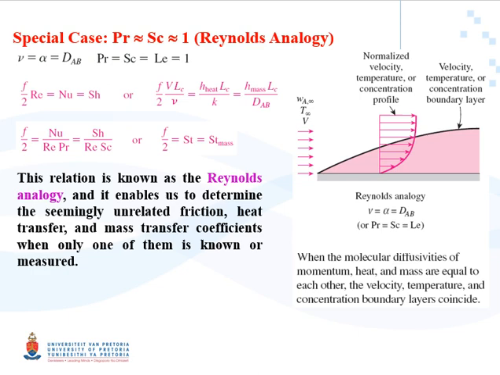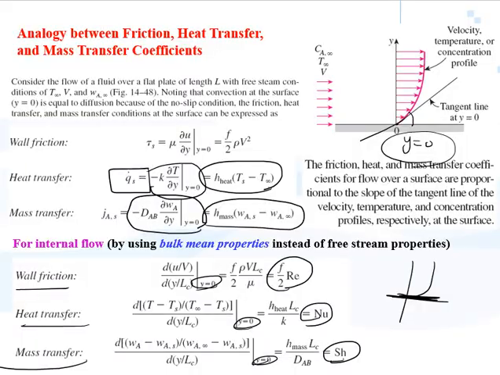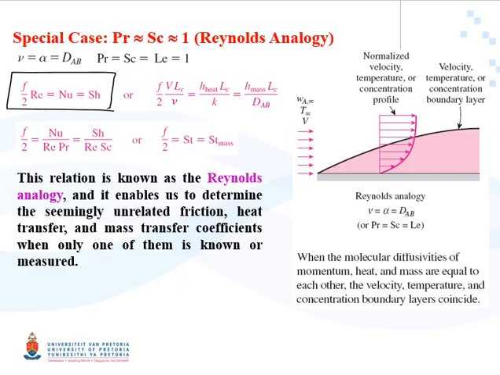What does it mean? It means that nu is equal to alpha is equal to DAB, and again all that. So if you remember from here, wall friction, heat transfer, and mass transfer are the same.